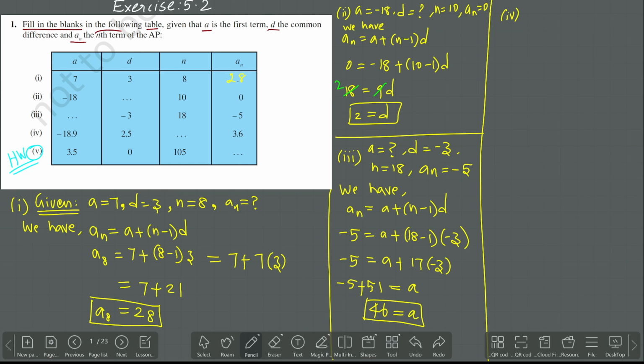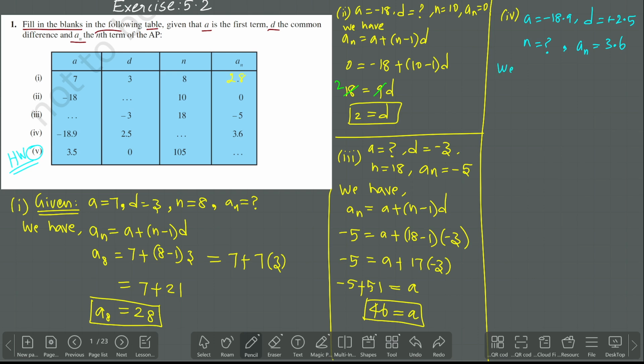So fourth one I'm going. A value, what is given? Minus 18.9. What is D value? 2.5. What is N value? Question mark. AN value is 3.6.